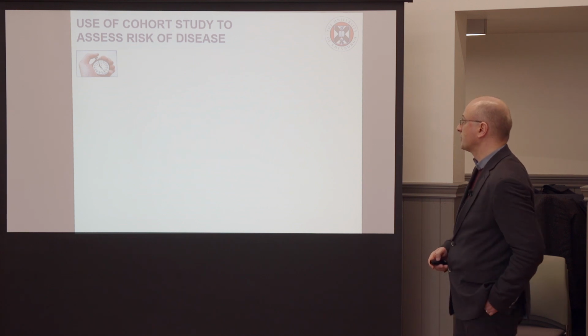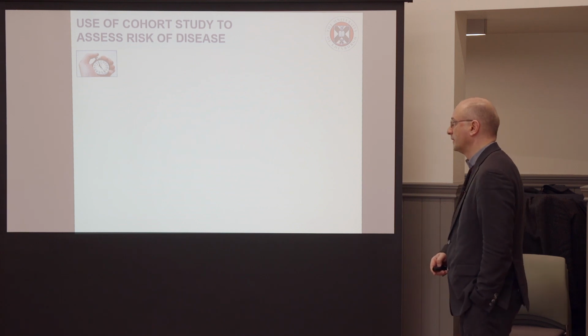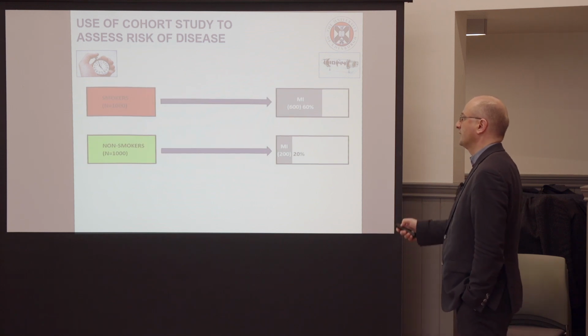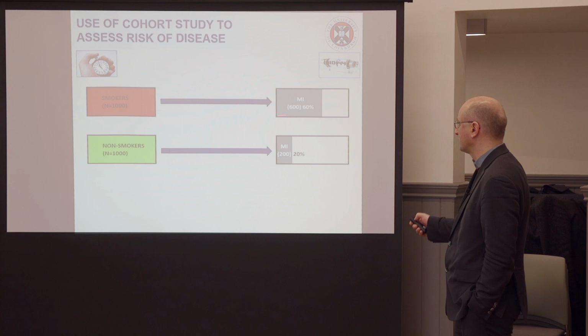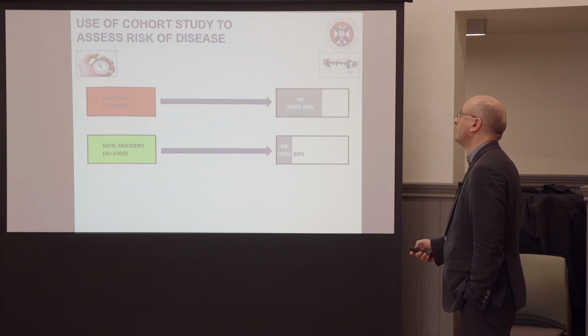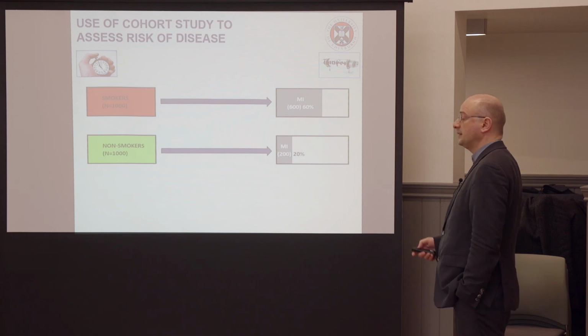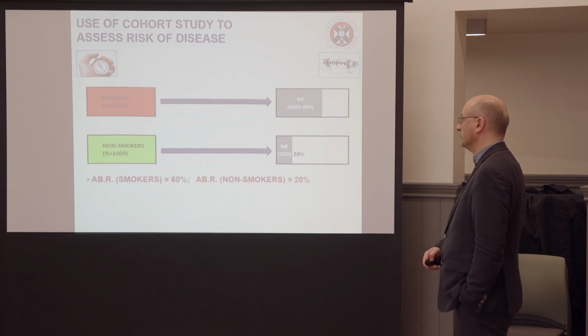Now, if you want to use a cohort study to assess risk of disease, you can do this. As you remember, you start with exposed, you start with non-exposed, you follow them up for a number of years or months or whatever, and you see different incidences for different groups.